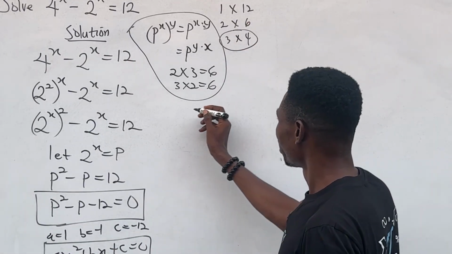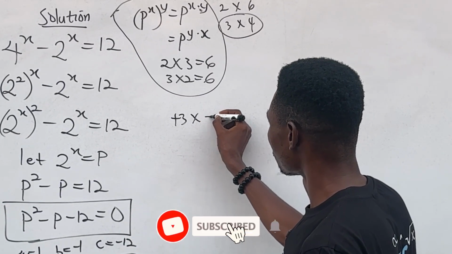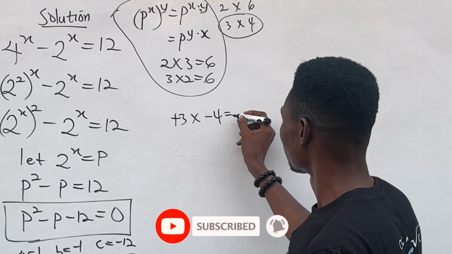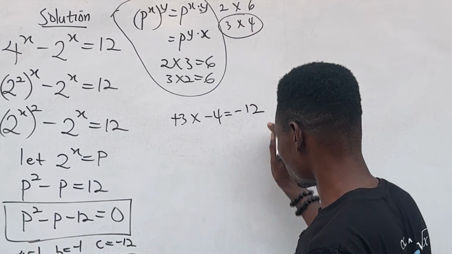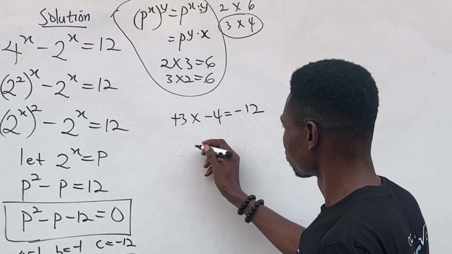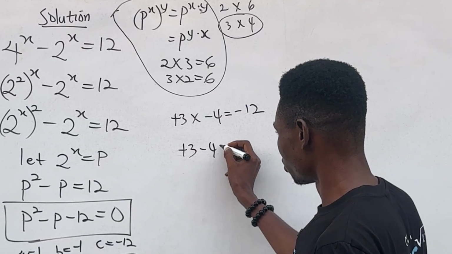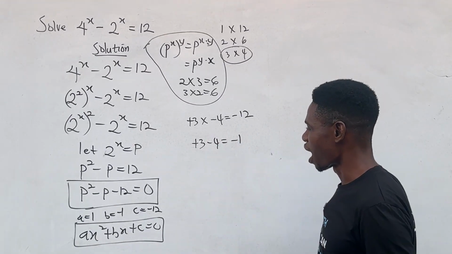Okay, so for minus 1, plus 3 and minus 4. If we multiply them, the product is minus 12, right? What about the sum? Plus 3 minus 4 gives us minus 1. So 3 and 4 are good.